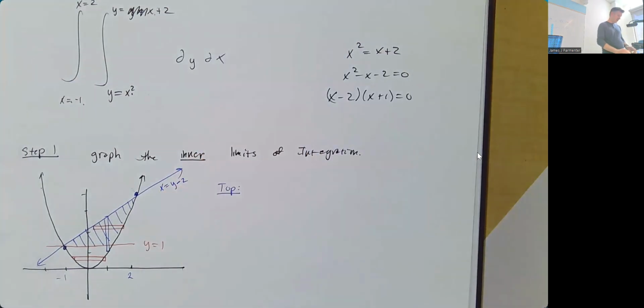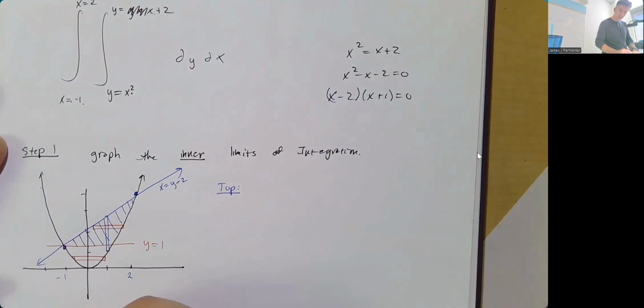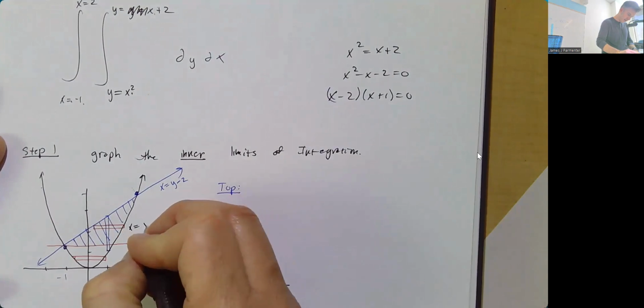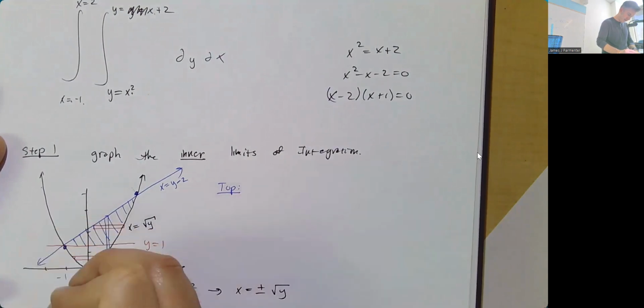The parabola is a little extra tricky in my opinion. If I take y equals x squared and solve for x, I'm going to get x equal to plus or minus the square root of y. The right side of the parabola is x equal to the positive square root of y. The left side of the parabola is x equal to the negative square root of y.